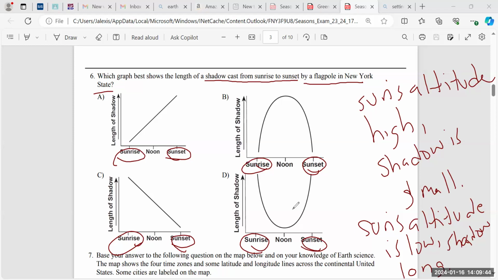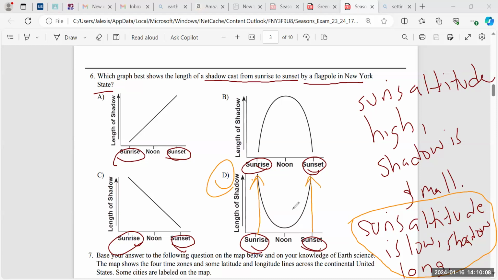When the sun's altitude is low, your shadow has to be long. It has to be large. It has to be big. Which option shows me that during sunrise and sunset, my length of the shadow is the biggest? Right here, choice 4. During sunrise, my shadow is very long.